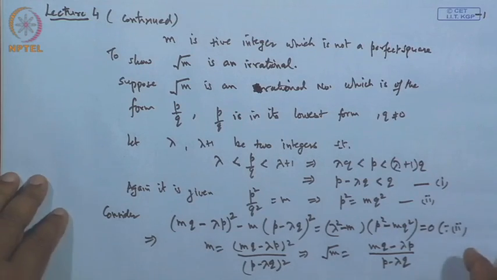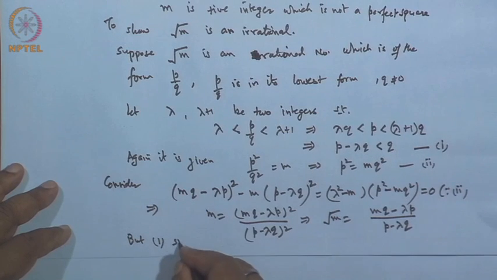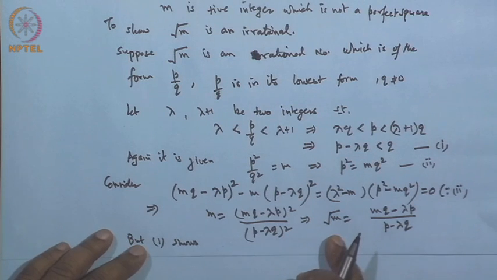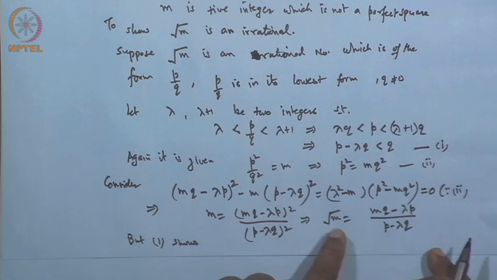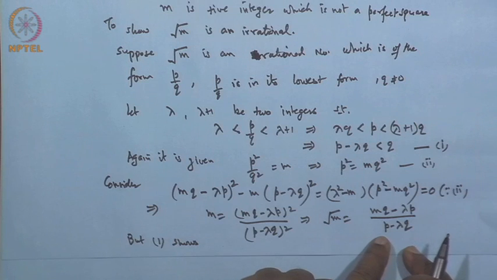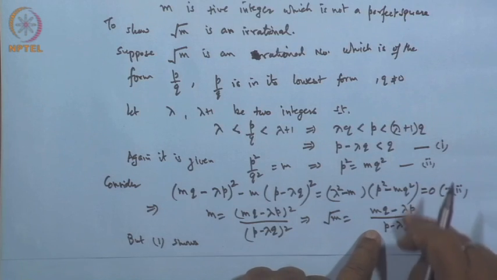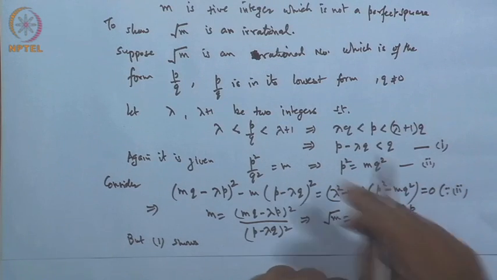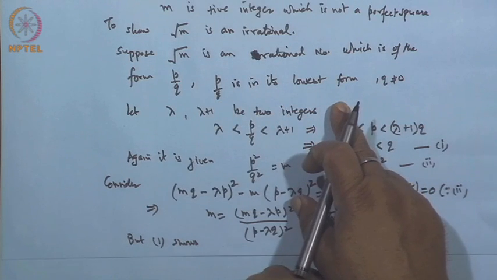So, the square root of m can be written in another form, where the numerator is this and the denominator is this, and this denominator is lower than the denominator q which we have assumed, but we have assumed p by q is in its lowest form. So, a contradiction is reached.